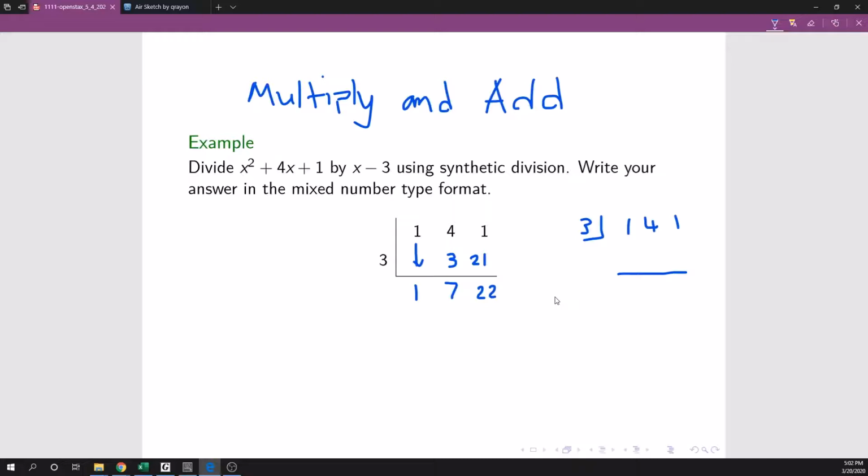So you can see the appeal of synthetic division over polynomial long division. It's quicker, right? Once you get used to what you have to do, then it's really, really fast. Faster than polynomial long division. You have to write less. Everybody likes that, okay? All right, so the next thing is, let's go over here and you'll see the result.